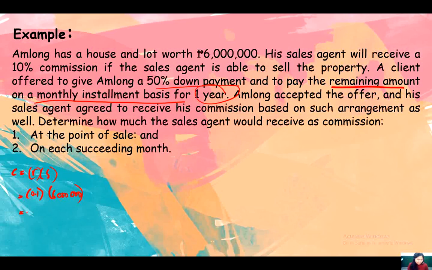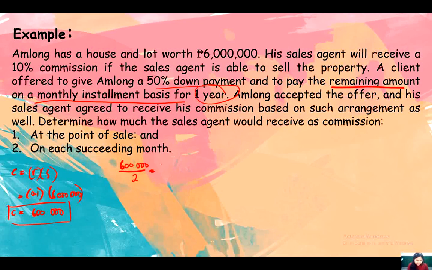Okay, let's get the product. So we have 600,000. Okay, so this is the total commission. Okay? So, sabi dyan, 50% down payment. So, ibig sabihin half-half. So, what we are going to do is we are going to divide the 600,000 into 2. Okay?